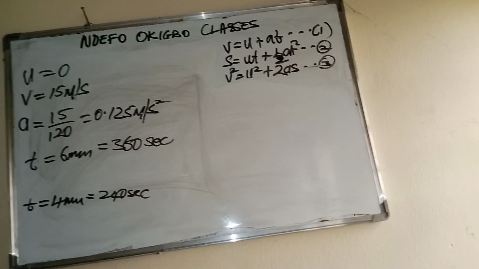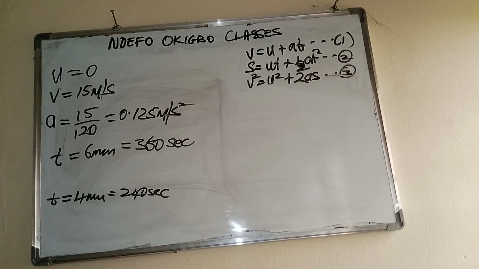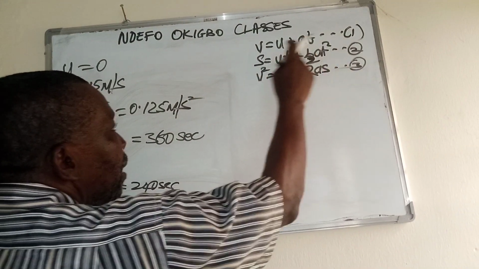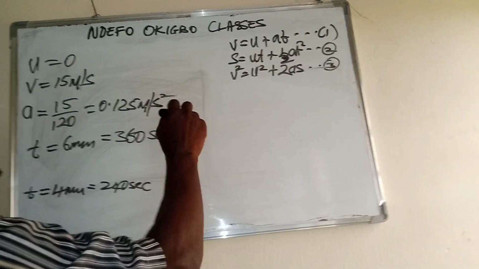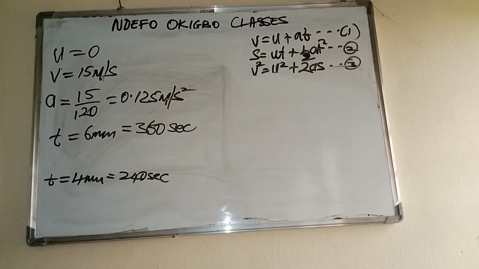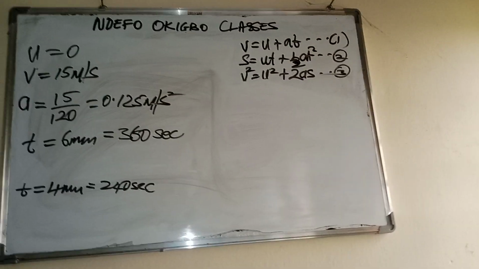We can use the second equation, in which ut will be 0 because it started from rest, so the initial velocity is 0.